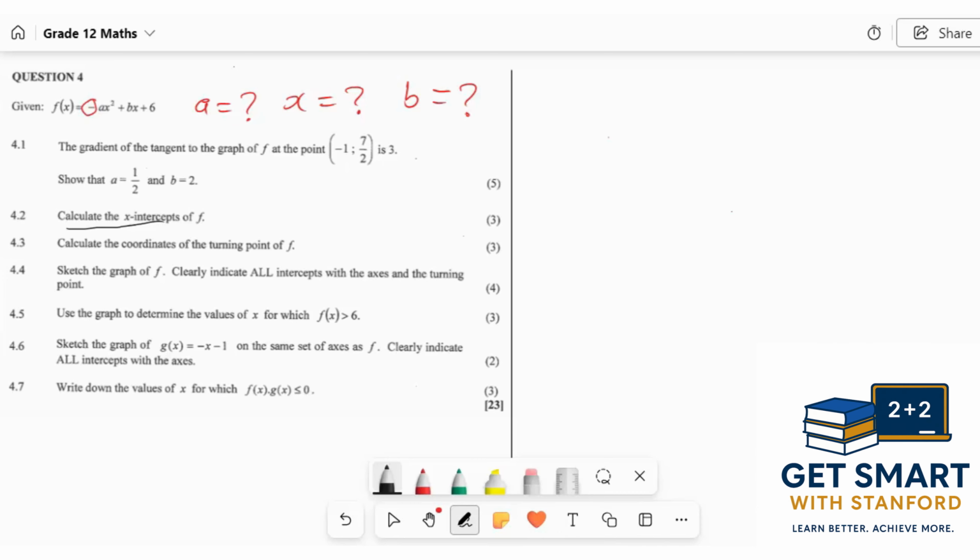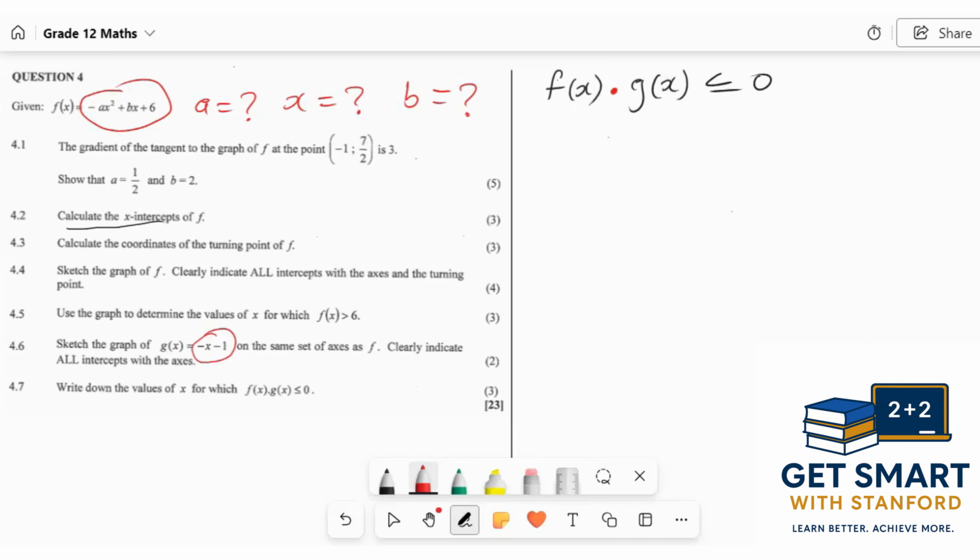We now are going to look at 4.7. They say write down the values of x for which f of x multiplied by g of x is less or equal to 0. What is f of x? We already know that here is our f of x. And what is our g of x? We know our g of x is here.